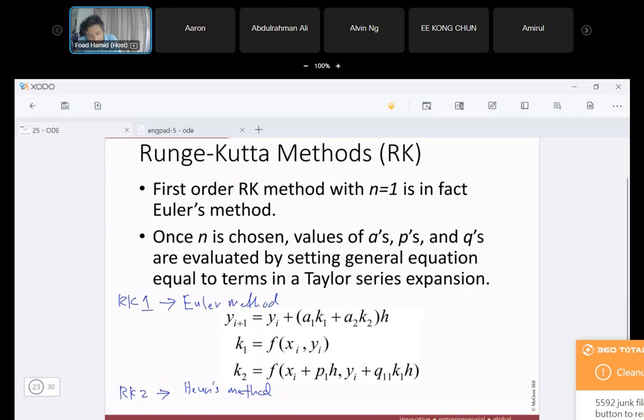It can again become the midpoint method. And one more, which is not covered in our slope improvement, which is Ralston method.